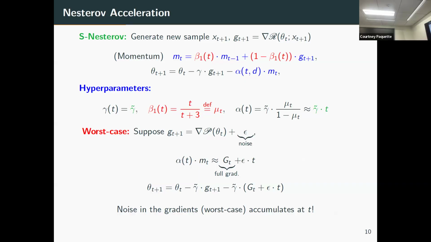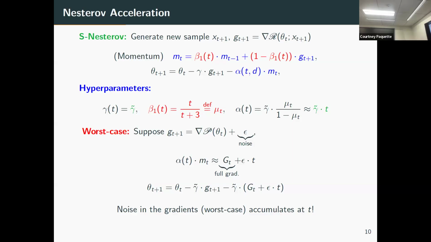So if we use the long momentum and we choose this alpha of t, you see here, I'm just plugging directly into Nesterov. There's a problem with stochasticity now. In the deterministic case, if you've computed the full gradient, this is a fine algorithm. It has no problems. It's provably fine, right? But in the stochastic case, it runs into an issue, and you can even see it. If you take some gradient and add the full gradient plus some noise, with some variance epsilon, say order 1, what happens when you unravel this?